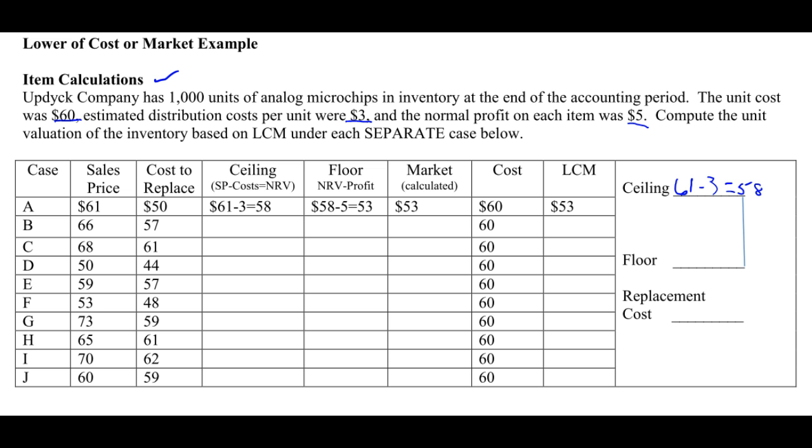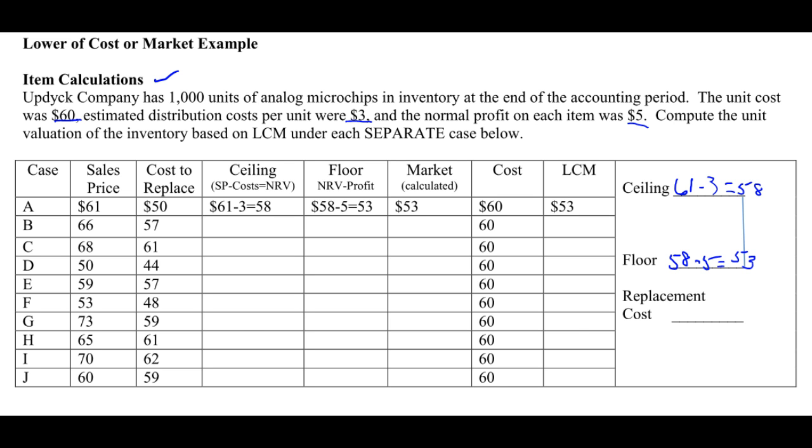The replacement cost of this inventory can't be any higher than $58 because that's the most this inventory is worth to us. Now let's calculate the floor. The floor starts with where we left off on the ceiling, and this is called net realizable value. So it starts with net realizable value, $58, and subtracts normal profit, which in our case is 5, which means the floor is going to be $53.